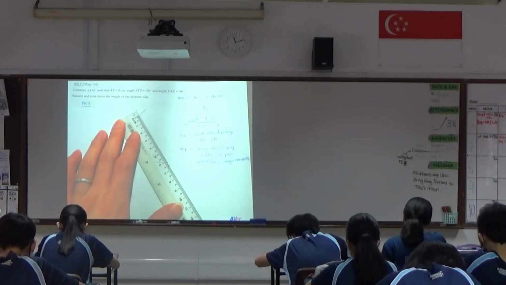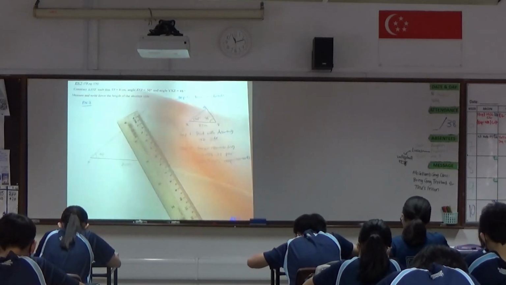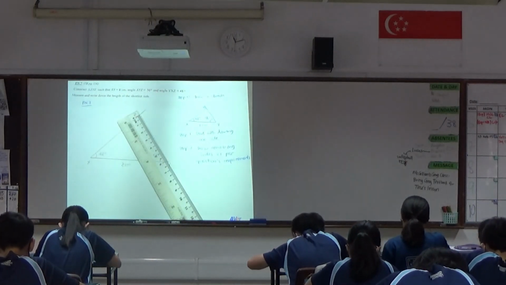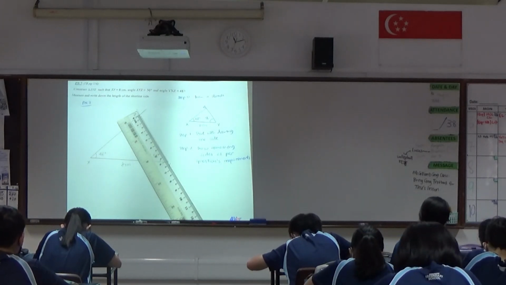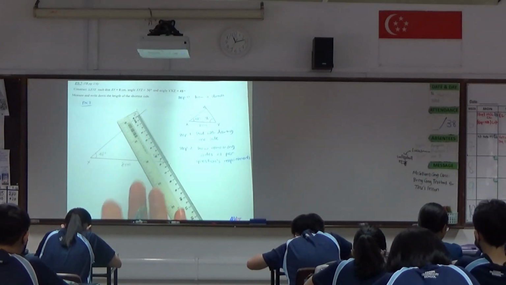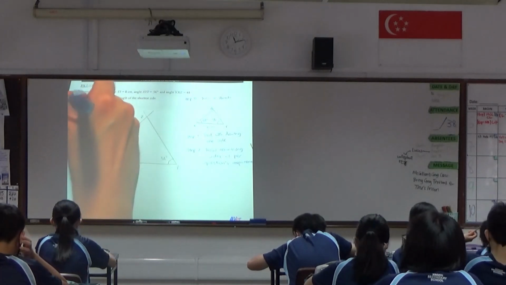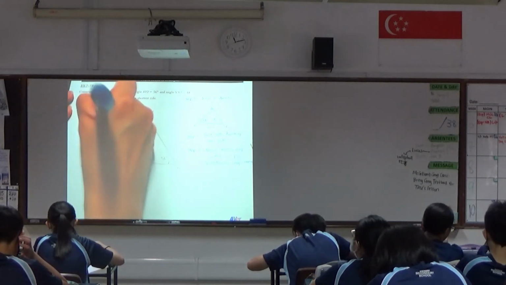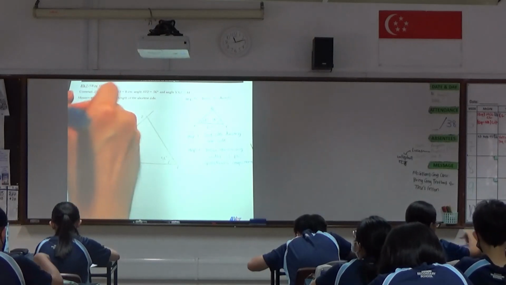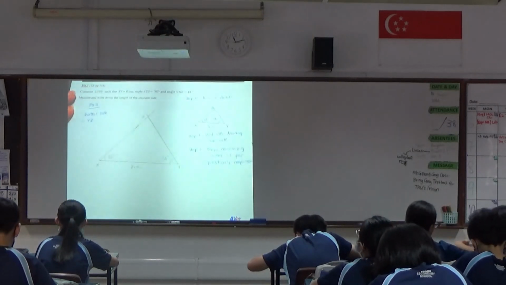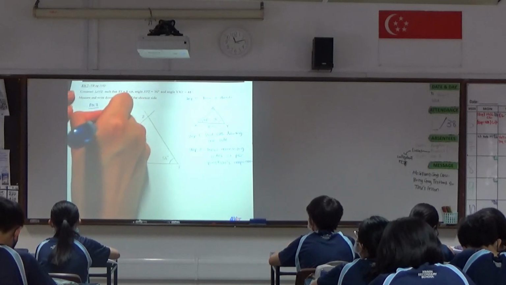Okay, I'm getting about 6.2 cm here. Not sure whether you get the same as well. Okay, so the shortest side is equals to YZ, which is 6.2 cm for me.